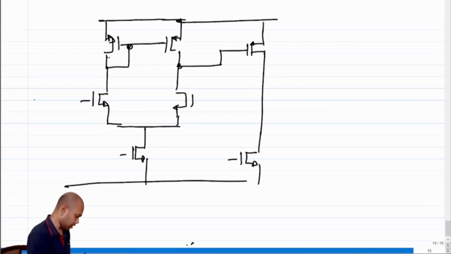Maybe we have a current source here, which was mirroring our transistor, which was current mirroring, right?